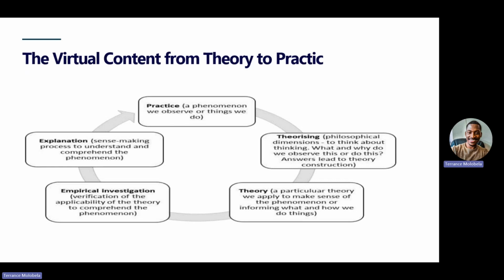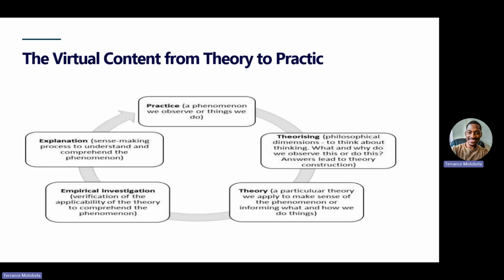Theorizing has to do with philosophical dimensions, meaning to think about thinking. And before you think, there must be a way that you think that way. So what and why do we observe this or do this? Those are some of the questions that you have to answer. So the answers lead to the theory construction. That's how you come up with the construction of theory.